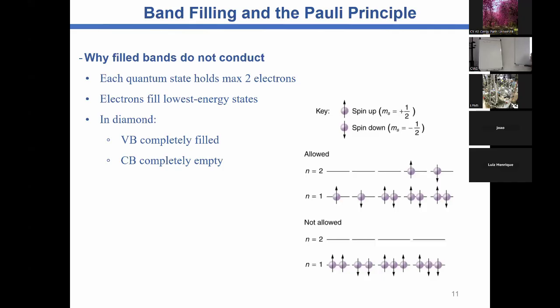So if there are two up, they are not allowed, neither two down, nor two up and one down. This is good to know because the distribution of the spin in the material will give the optical properties.